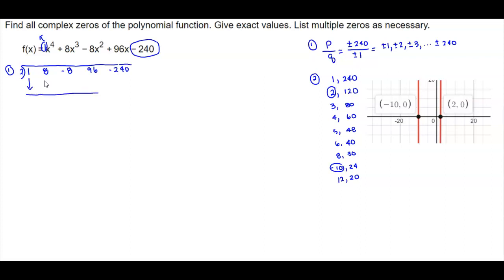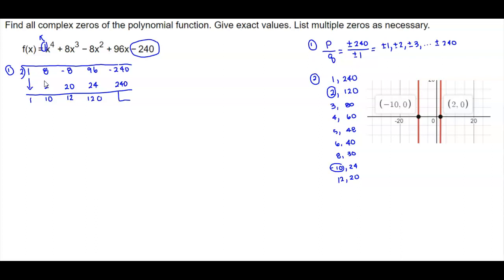So we're going to bring down the 1. 2 times 1 is 2. 8 plus 2 is 10. 2 times 10 is 20. 20 minus 8 is 12. 2 times 12 is 24. 96 plus 24 is 120. 2 times 120 is positive 240.